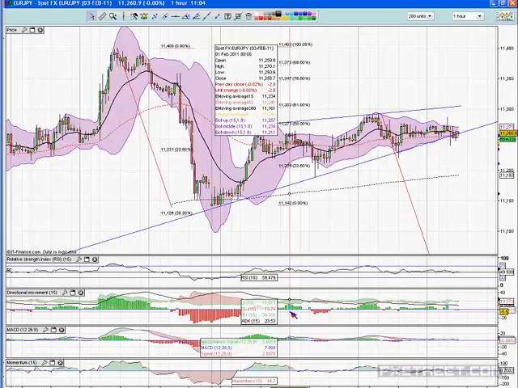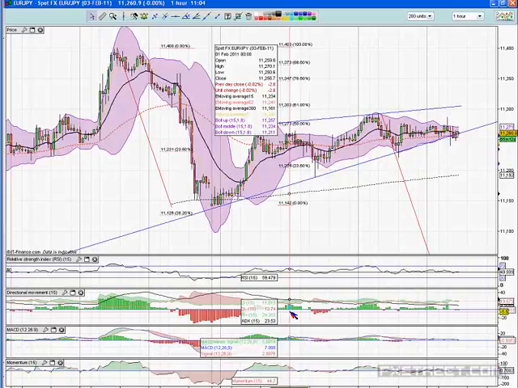MACD, next one in line, purely for divergence. I don't use it for crossovers or anything like that. And momentum, I like the momentum indicator. Again, the momentum indicator has no overbought or oversold parameters. It can just keep on going in one direction, which is one of the reasons I like it.